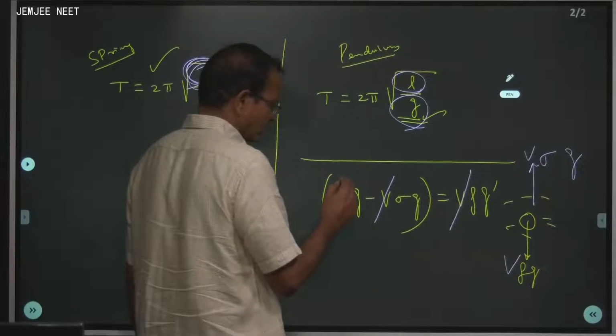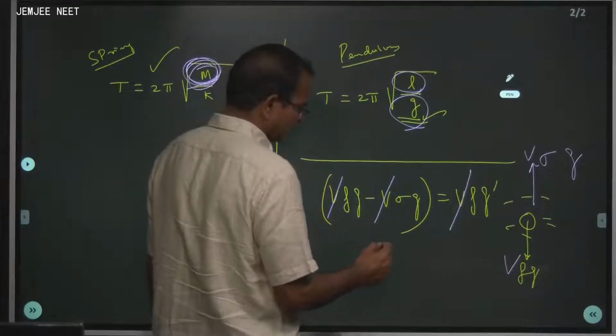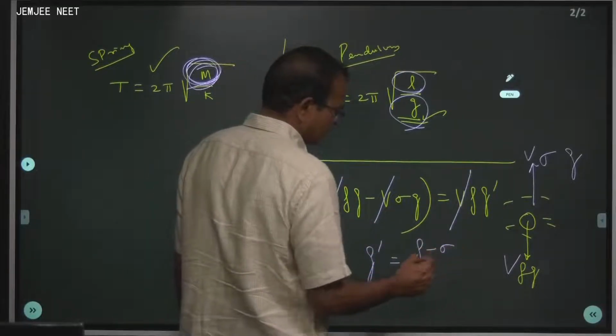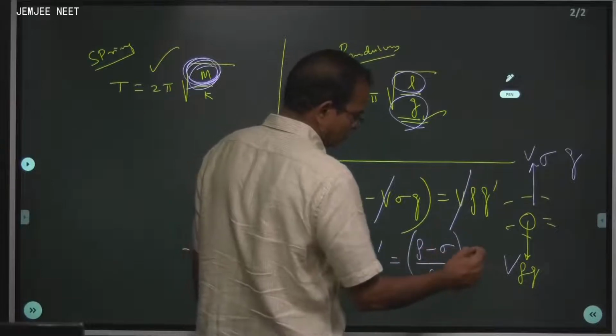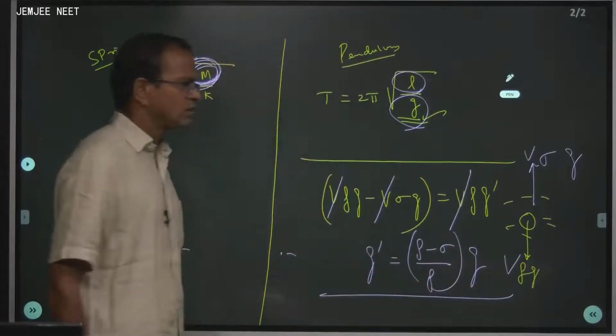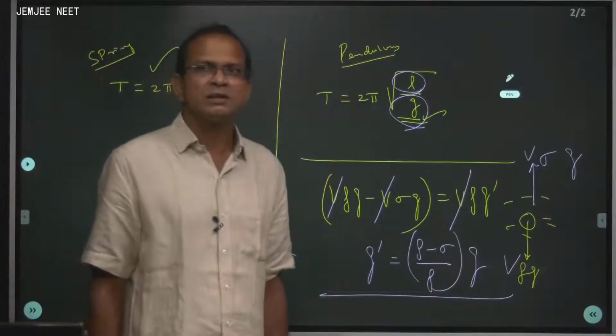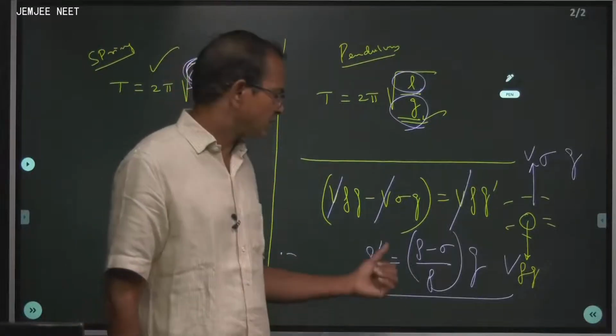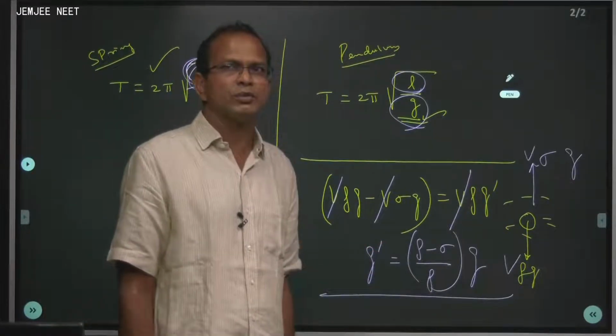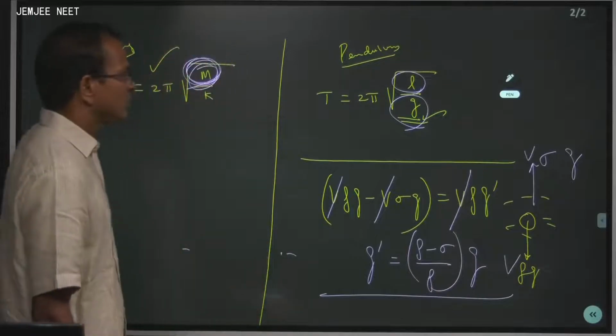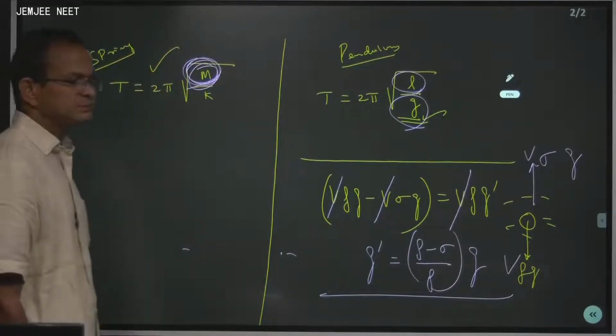We cancel V. Therefore, G dash equals rho minus sigma by rho into G. What is G dash? The effective gravity is nothing but rho minus sigma divided by rho into G. Clear now?